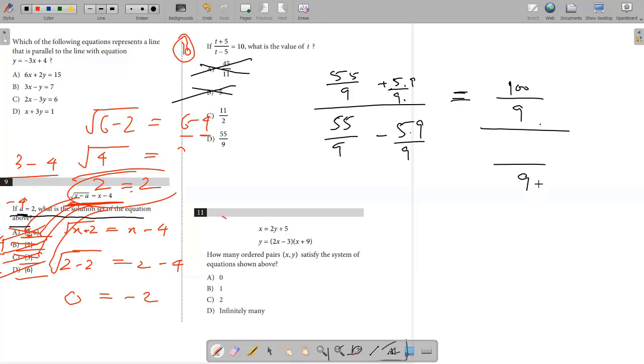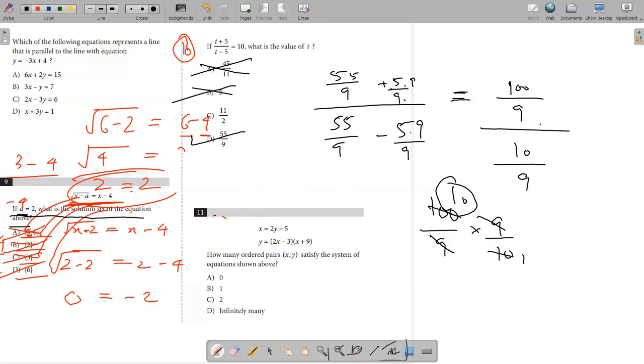And in the denominator, it will be 10 over 9. So 100 over 9 multiplied by 9 over 10. Oh, I see it. Okay. So your guess is correct. Yes. Okay, I see it.